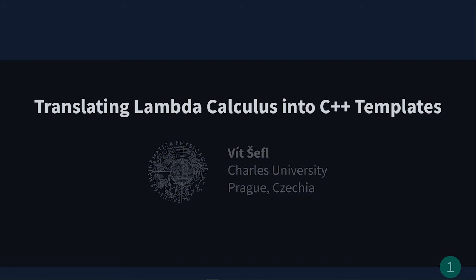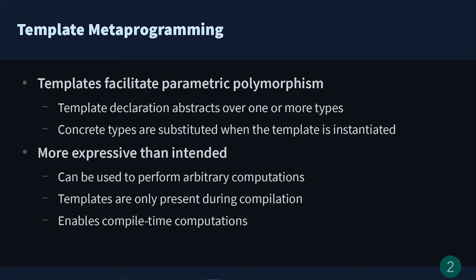So, first of all, I'll try to explain why would we even want to translate anything into C++ templates, let alone Lambda calculus. So, templates were added to C++ to facilitate parametric polymorphism. That is, writing a piece of code that can handle values of different types without depending on the properties of that particular type.